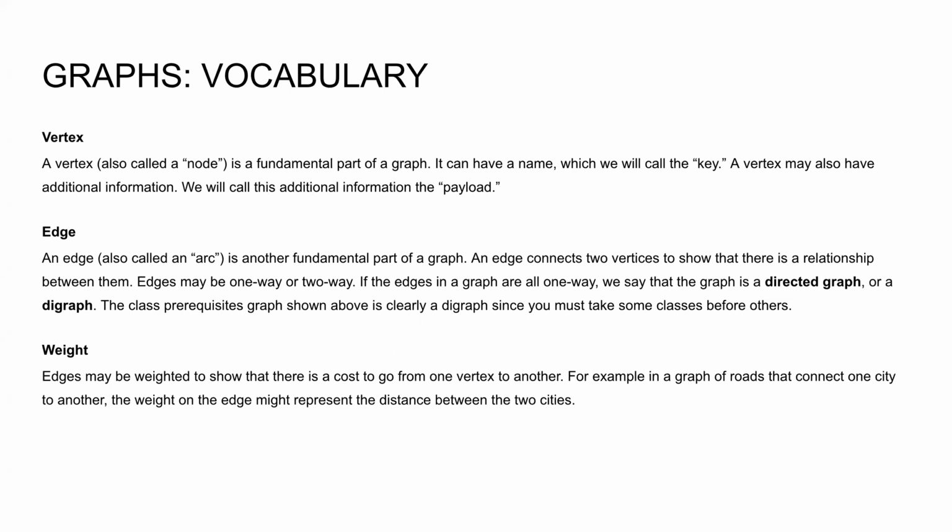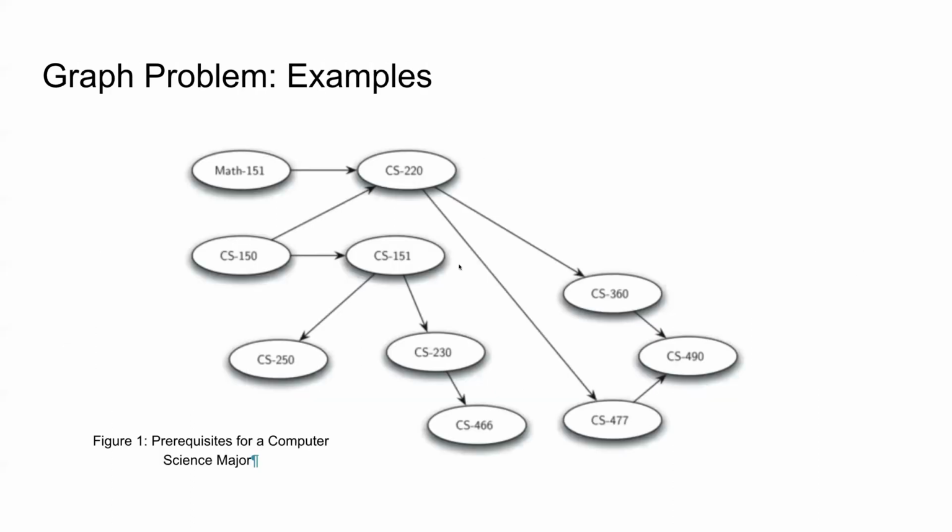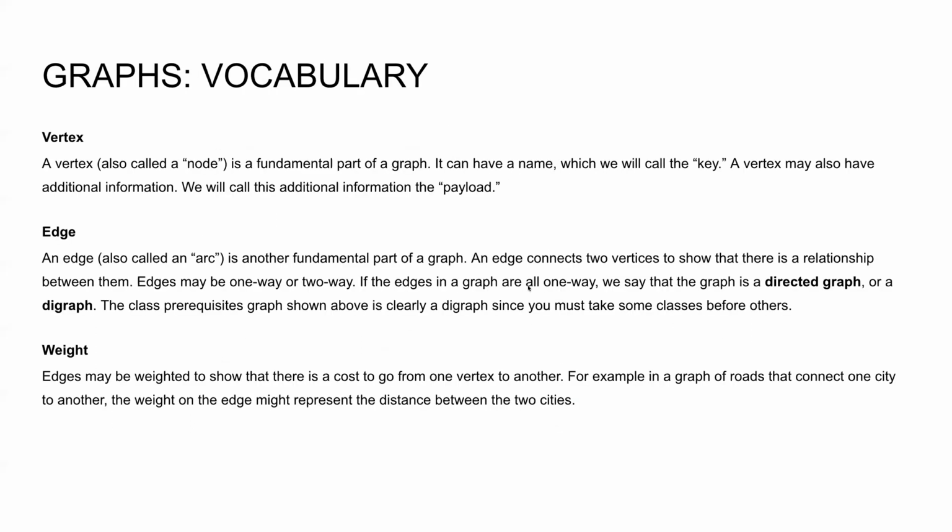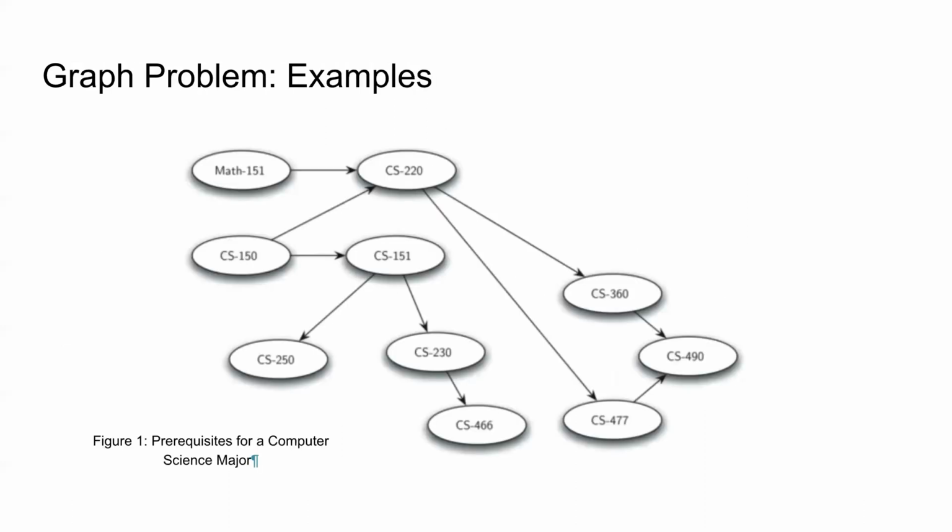An edge is also, you can see, like an arc, in this case, it's just the arrow in the graph. So an edge connects two vertices together, right? They show some kind of relationship. And you can see edges can be one way, like only from one node to another, or two ways.